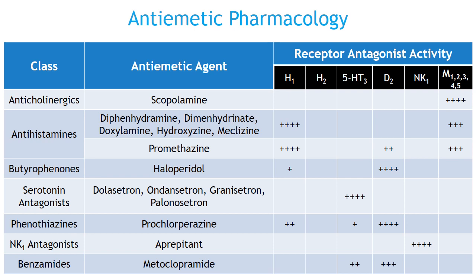So this is the only one out of this class that can block D2, and that means it has some prokinetic effects. So some potential advantage there because it can stimulate peristalsis and also prevent nausea and vomiting potentially. So promethazine might potentially be used for things other than motion sickness.